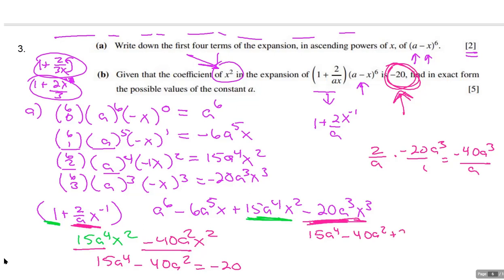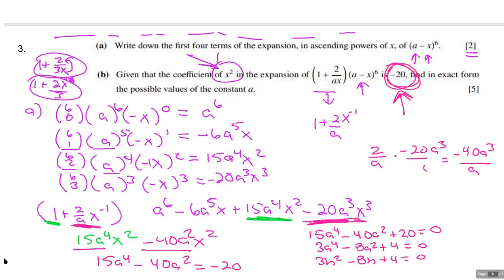And I notice, what do they all divide by? 5. So this would end up being 3a to the fourth minus 8a squared plus 4. So if I replace this, it's going to be 3h squared minus 8h plus 4 equals 0.